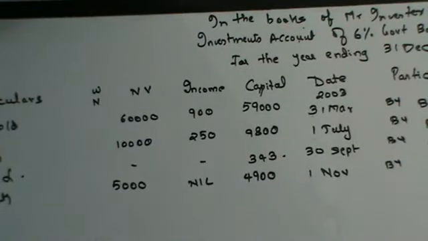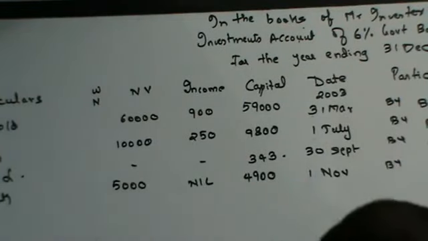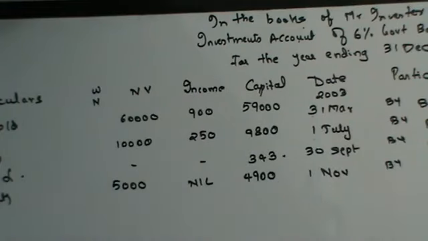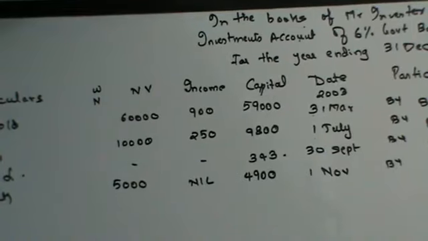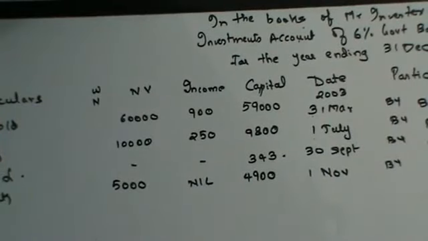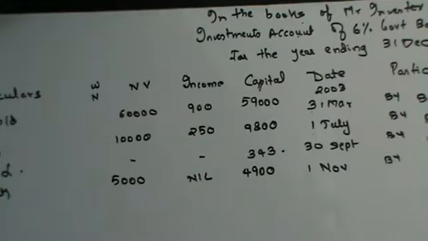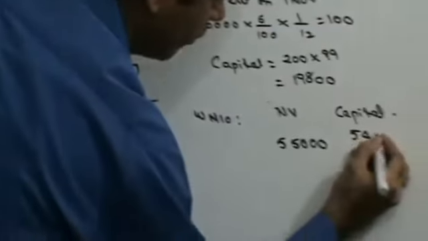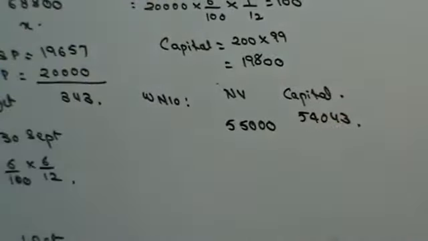So you had 75 minus 20, that's 55,000. Someone please get me the capital value of these transactions. 59,000 plus 9,800 plus 343 plus 4,900 minus 20,000. 54,043.